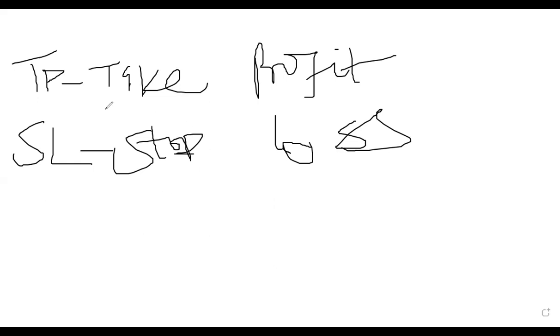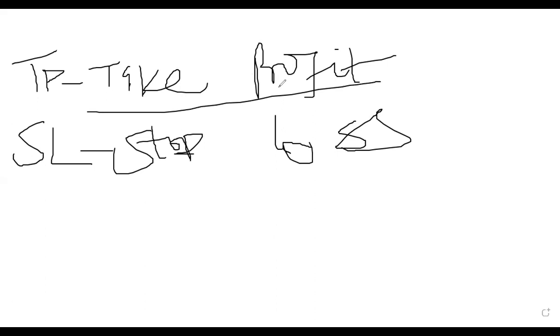Now, what do we mean by take profit? Take profit, we're telling the market, if all things go well and the market moves according to our analysis in our direction, then at a certain level, we're expecting our trades to close in profit. You get that?